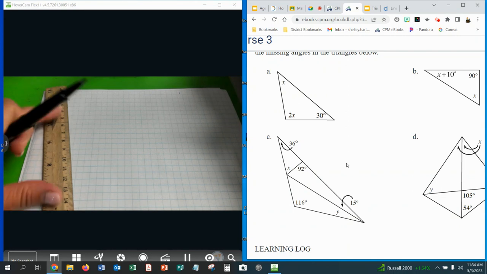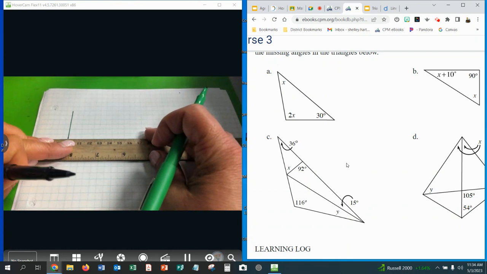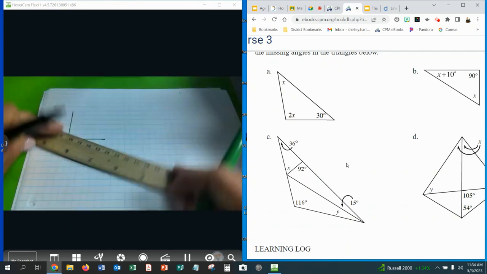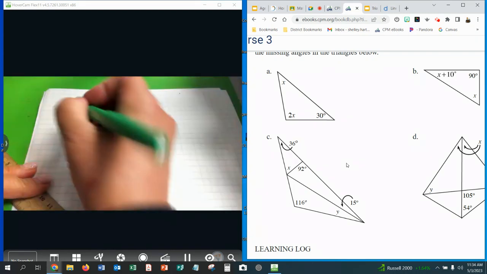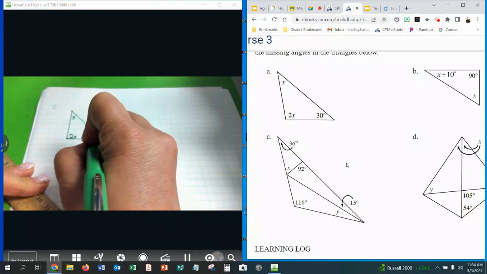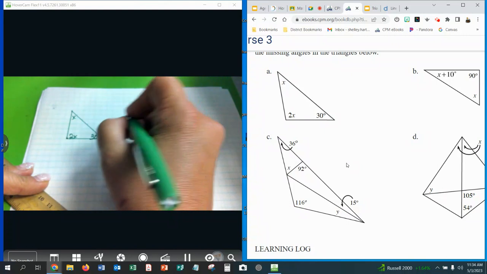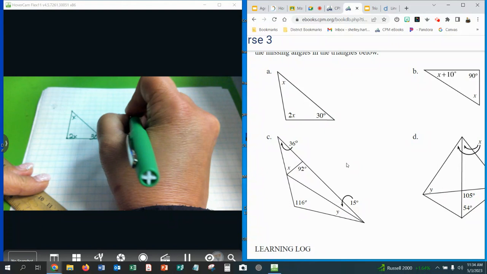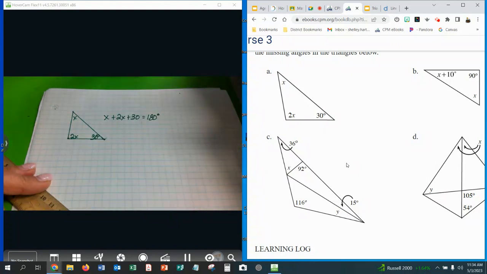We've got x, 2x, and then 30 degrees. So what we need to do is we're going to go x plus 2x plus 30 equals 180, right?